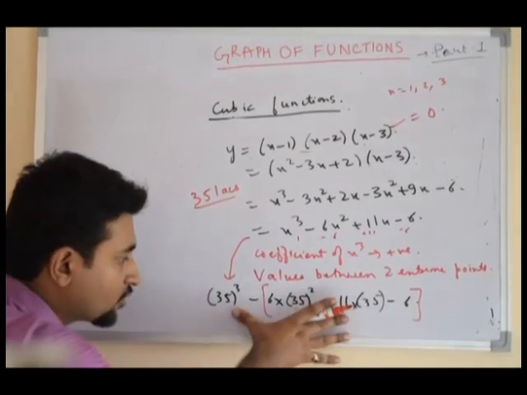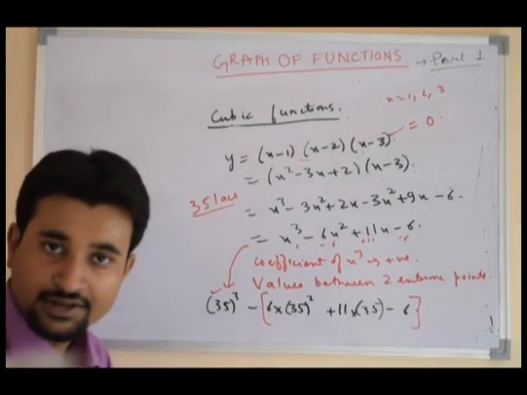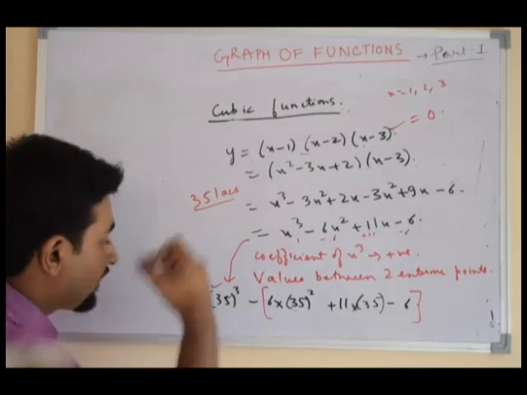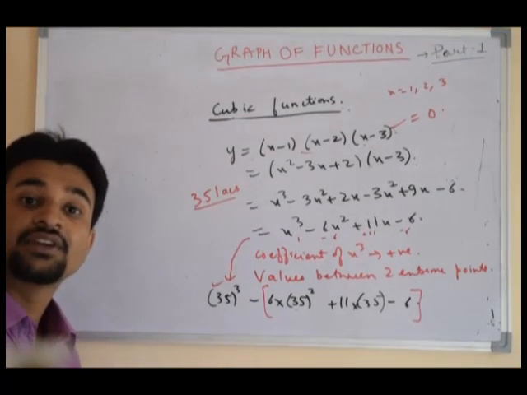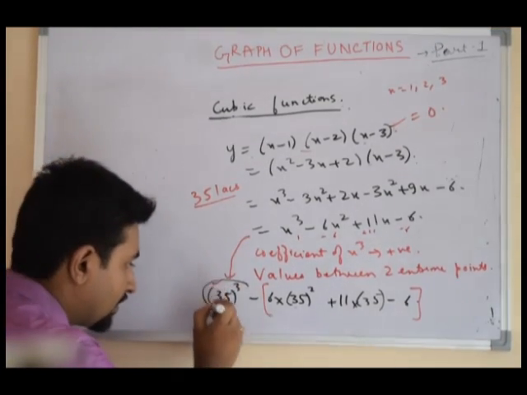So the sign of the total function will depend just on this only. So when x is 35 lakhs, the function becomes positive, because this term is positive.